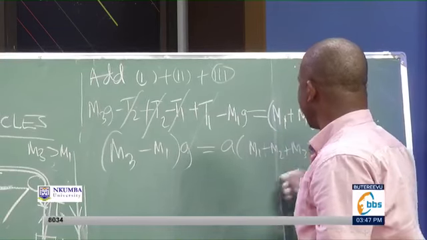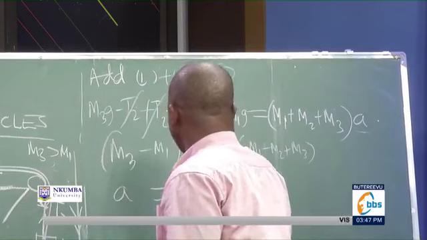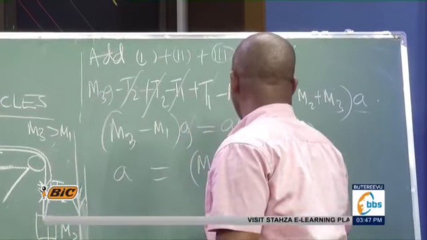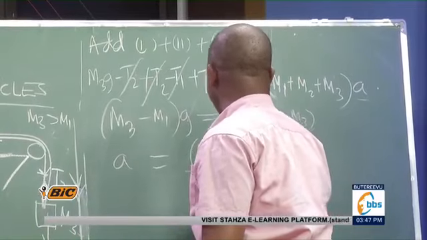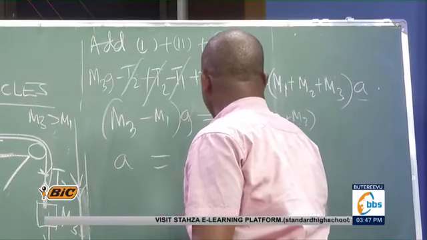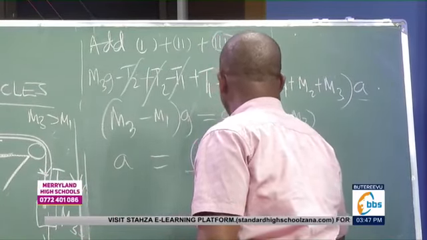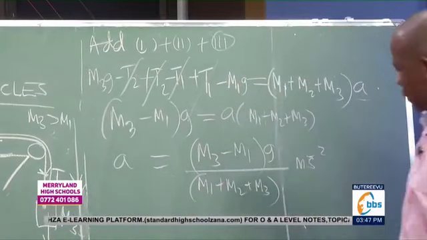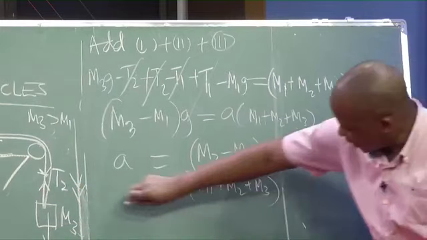And from here, we automatically get our acceleration as the difference between the masses, those are the masses that are actually moving, over the M1 plus M2 plus M3. And this would be newtons per meter per square second. This gives us the acceleration expression.